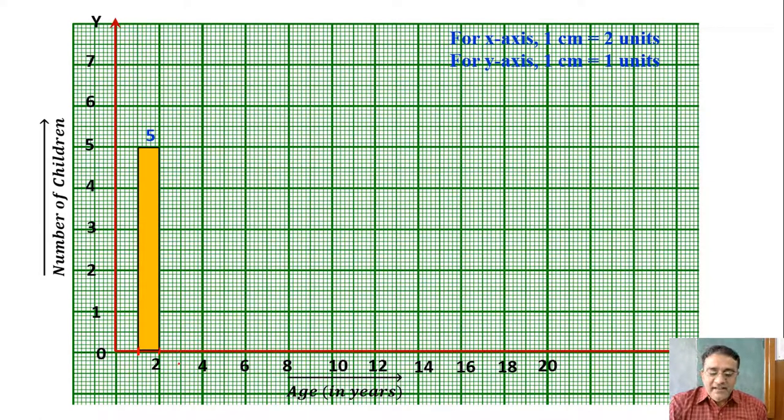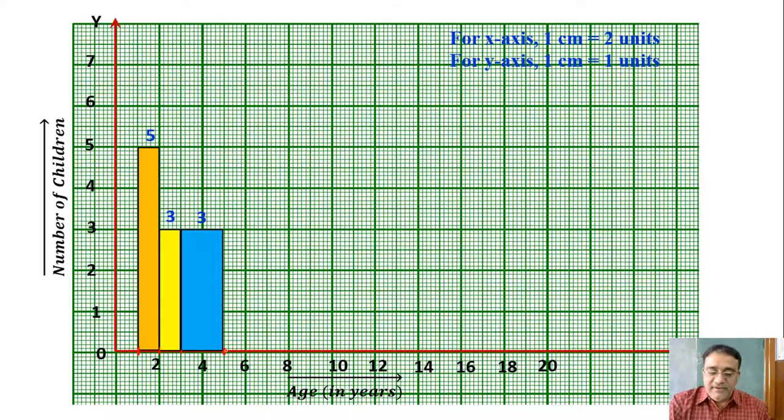Okay, the second class was 2 to 3. 2 to 3 यहाँ तक आएगा, and the adjusted frequency is 3. It will come up to here. The next class is 3 to 5. 3 to 5 means it will come up to here, and the adjusted frequency was again 3.